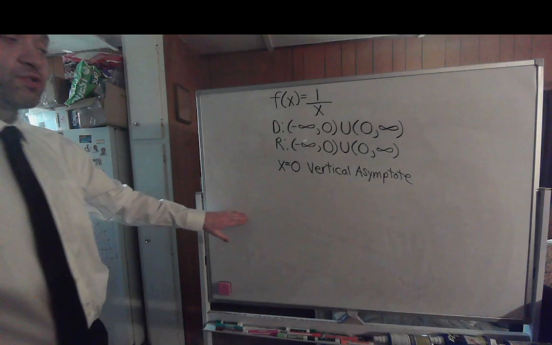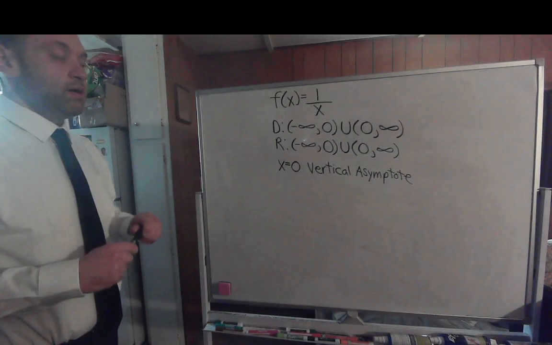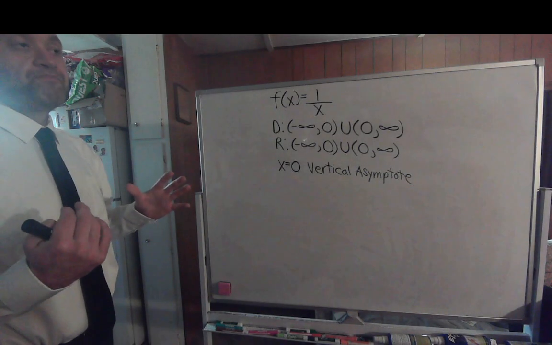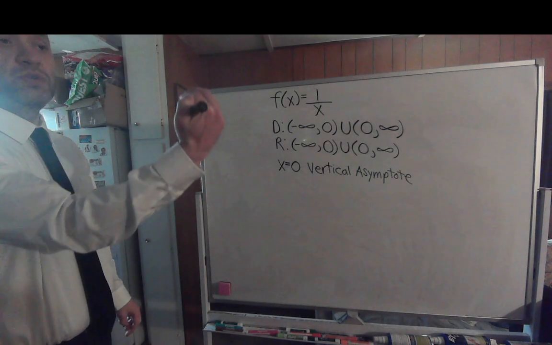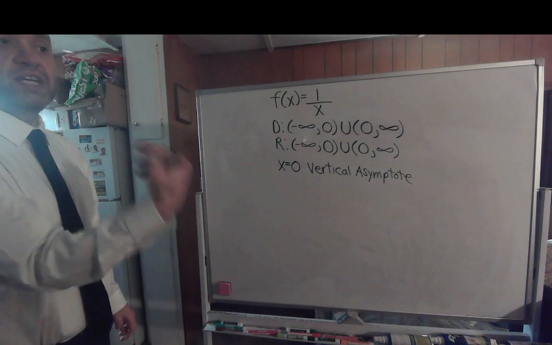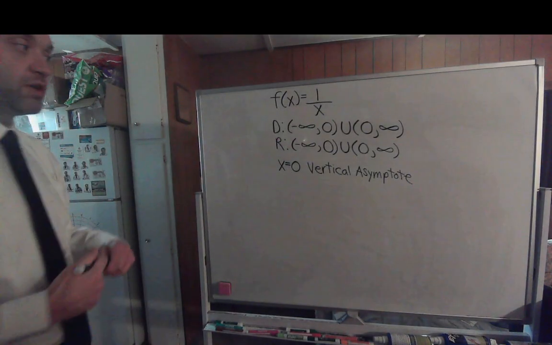Now that means, graphically, your x value could get infinitely closer and closer to 0, but it would never actually touch it, because if it touched x equals 0, that would give you an undefined value.